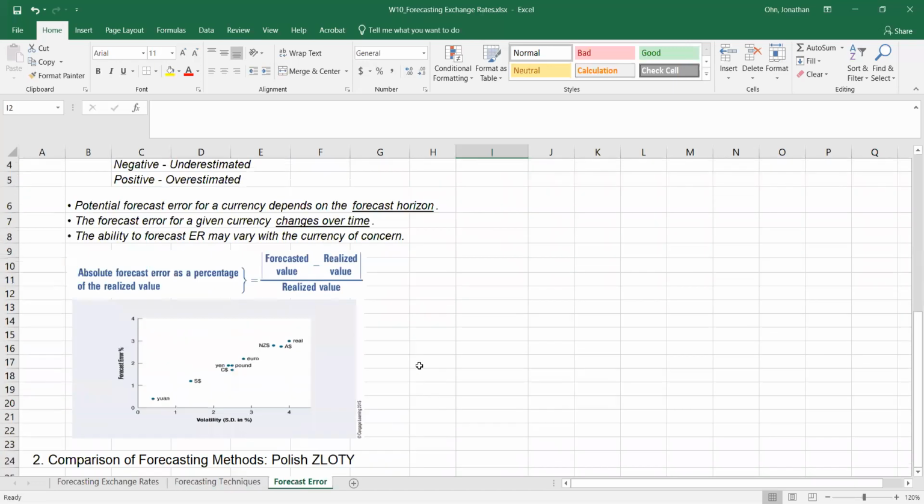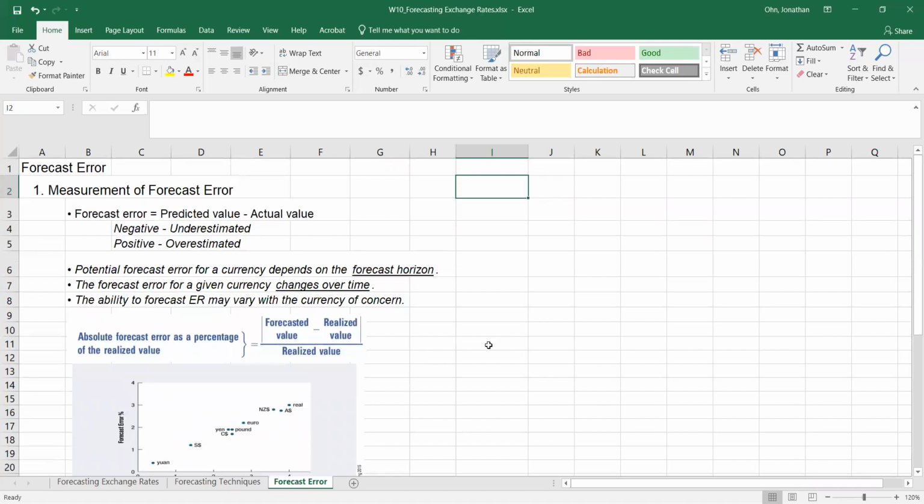All right, last one. Now, how do you evaluate the different forecasting methods? You have to know which one is more precise or which one is more consistent. So you measure forecast error, and based on that forecast error, you can make your decision or evaluation of the different approaches. A widely used measure is forecast error.